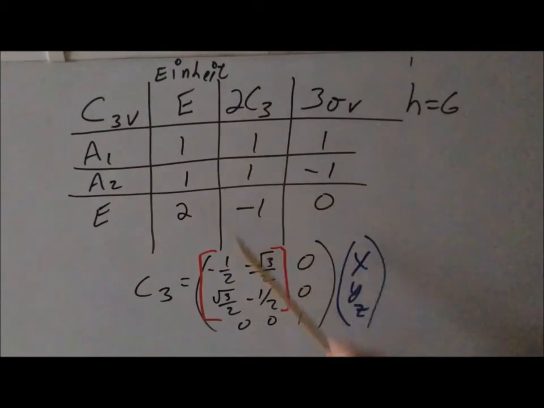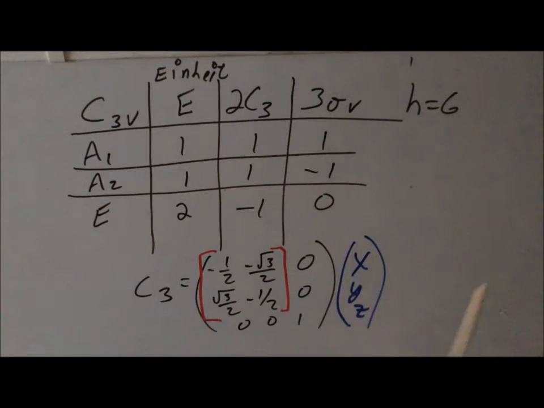So then the question might be, well, why is this a 2? Well, the smallest matrix that we could use for X and Y for C3 was a 2 by 2, and then the Z was separate, Z works as a 1 by 1. That means for all the matrices for any representation, the smallest I can do is a 2 by 2 for x and y.